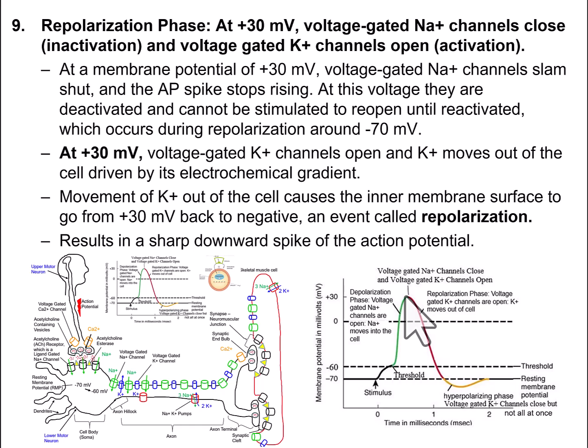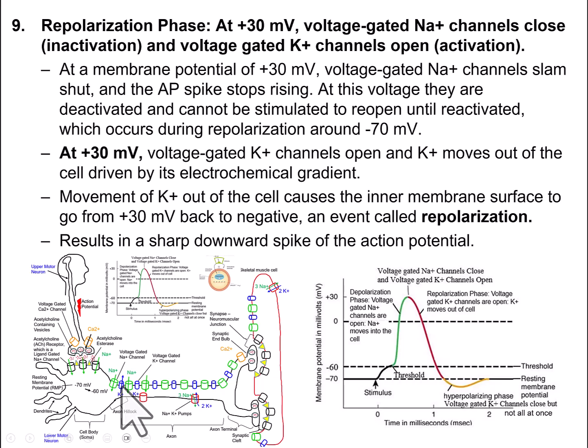They will not be activated to reopen again until after minus 70 millivolts, until after it passes that resting membrane potential. The channels that do open up right here at positive 30 millivolts are voltage-gated potassium channels. And potassium is going to leave out of that axon or that membrane.